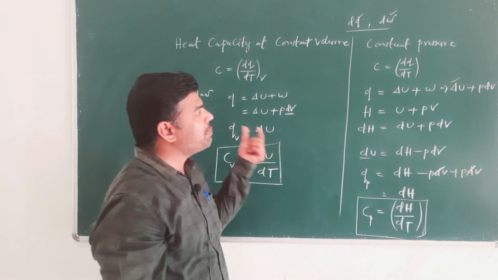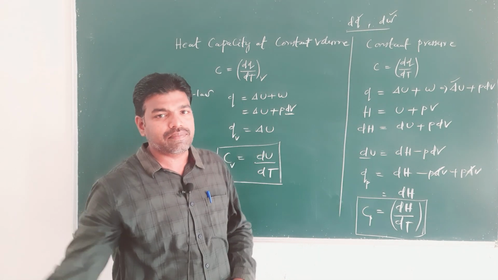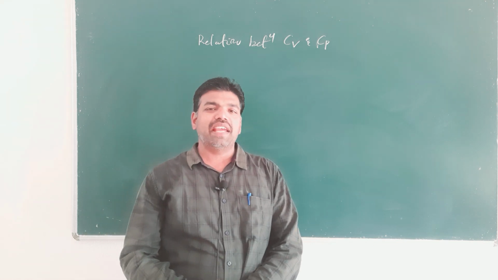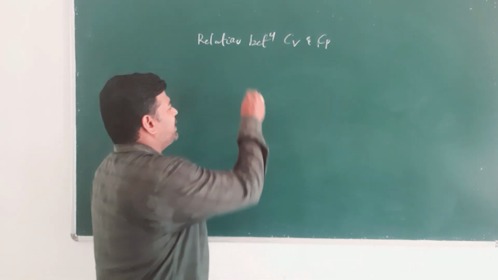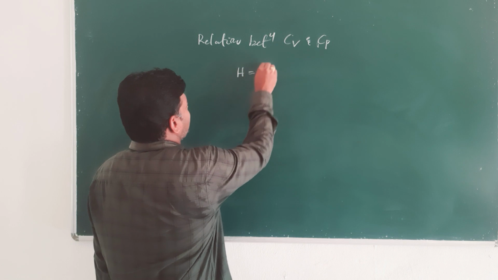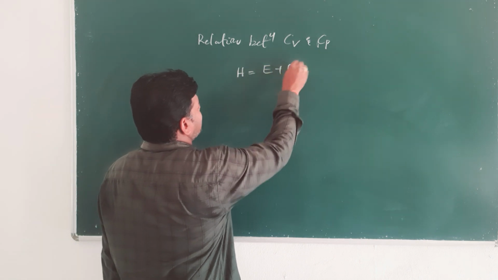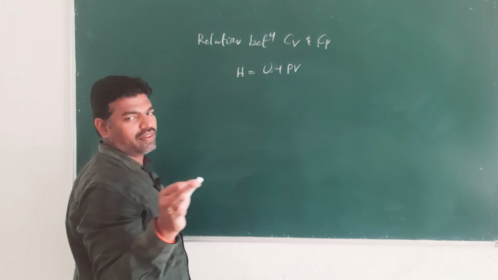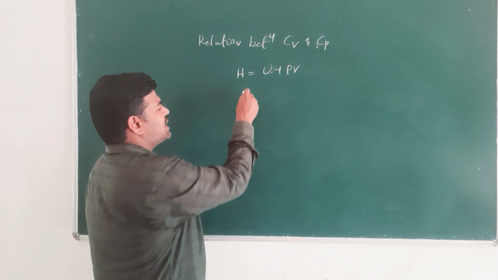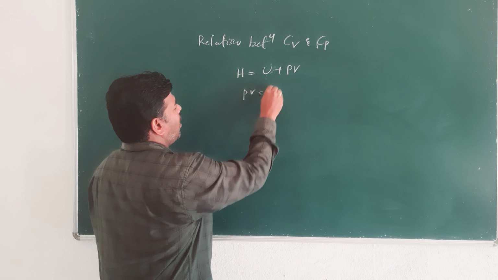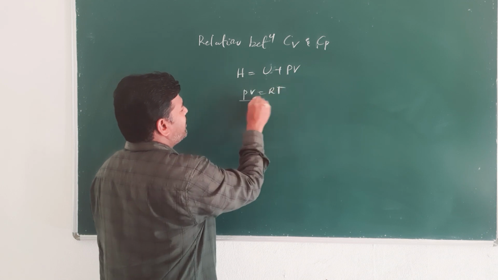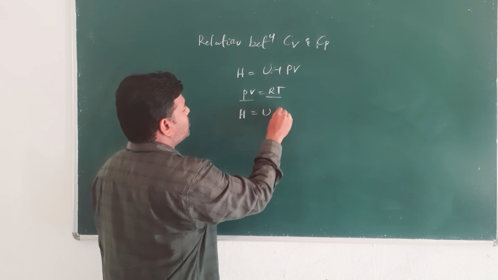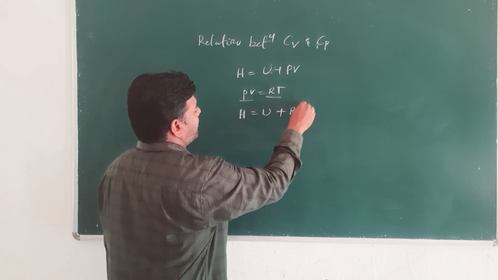Now, the relation between Cp and Cv. We know that enthalpy H is equal to E plus PV, that is U plus PV. For 1 mole of gas, we can write the ideal gas equation, PV is equal to RT. So, instead of PV, we can write RT. So, H is equal to U plus RT.